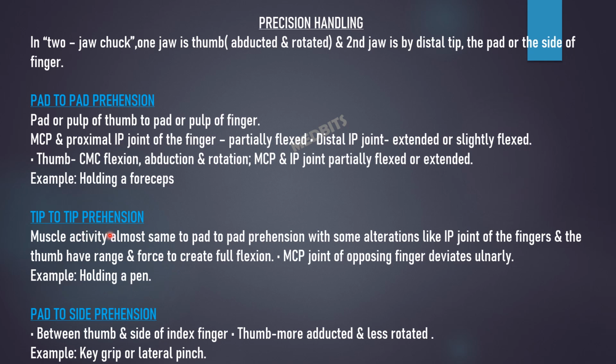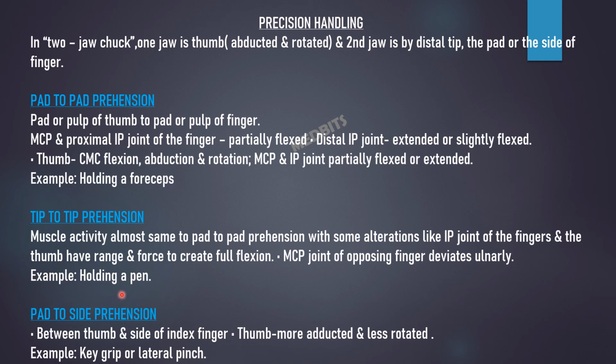Tip to tip prehension: muscle activity is almost the same as pad prehension with some alterations, like the interphalangeal joints of the fingers and the thumb have range and force to create full flexion. The metacarpophalangeal joint of the opposing finger deviates ulnarly. An example is holding a pen, right?